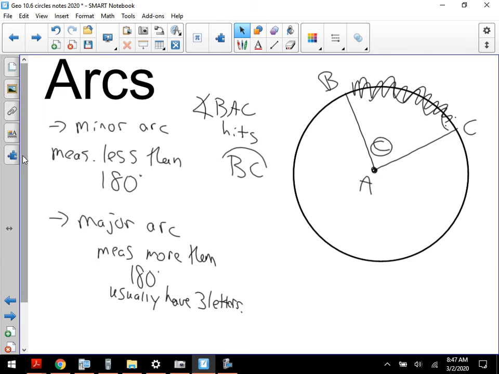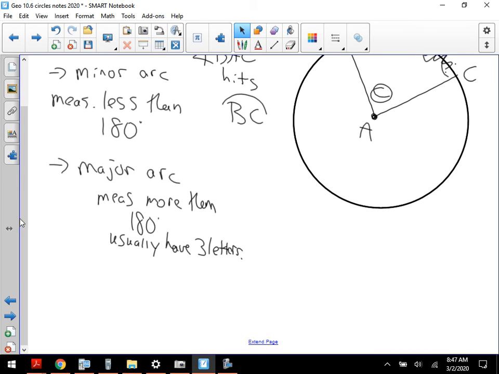I bet you know this one. What happens if it measures 180 degrees? You know what that's called? Semicircle? And then the other one is called a semicircle.